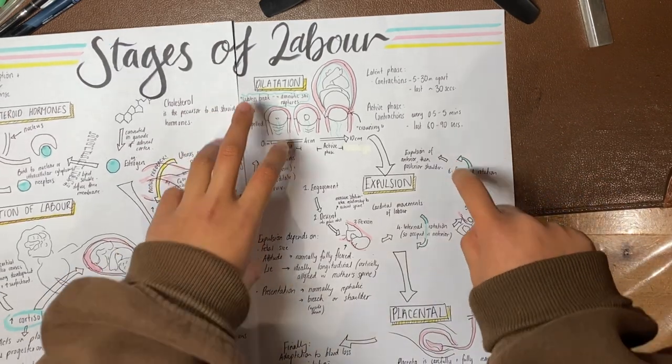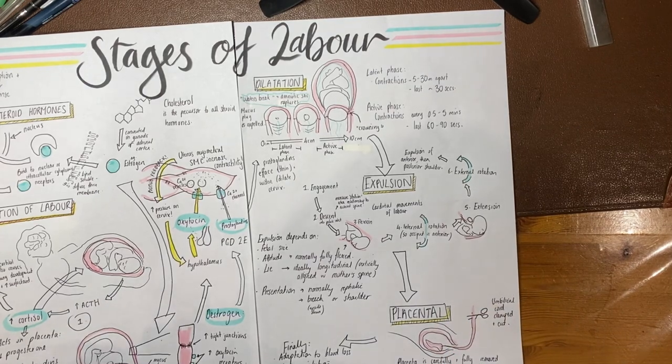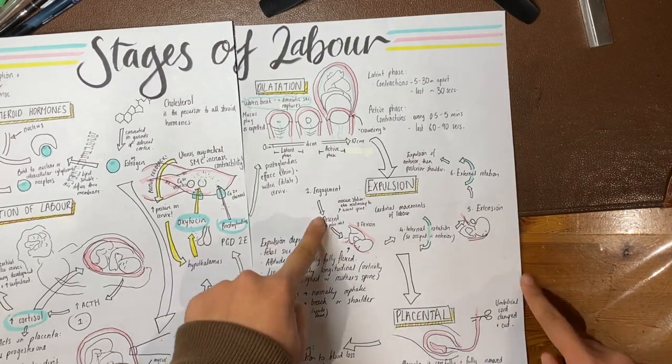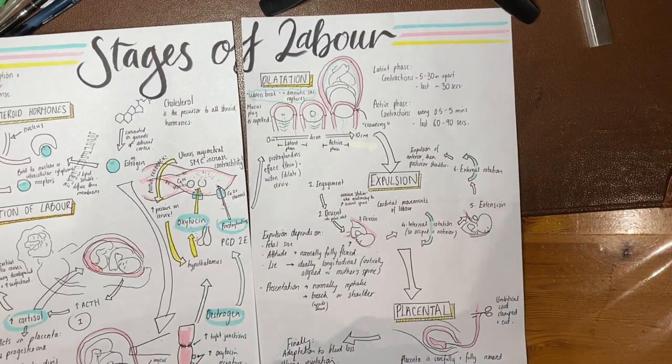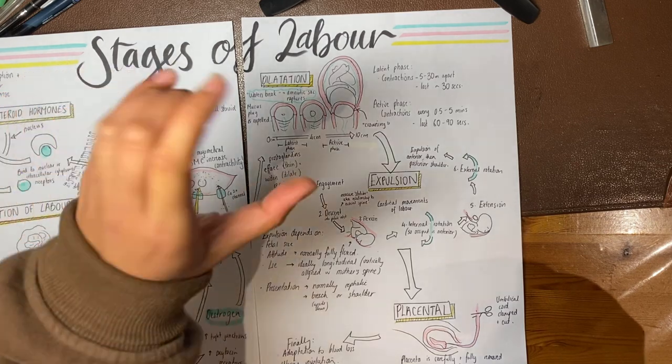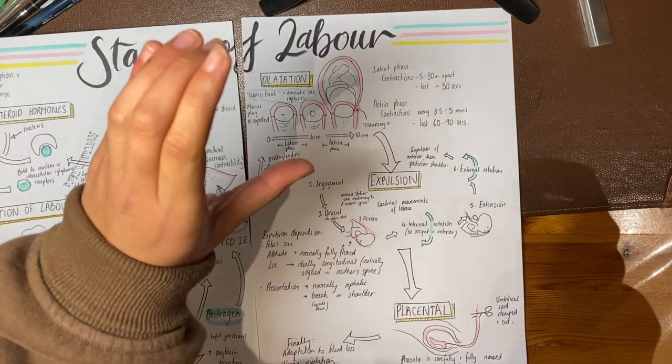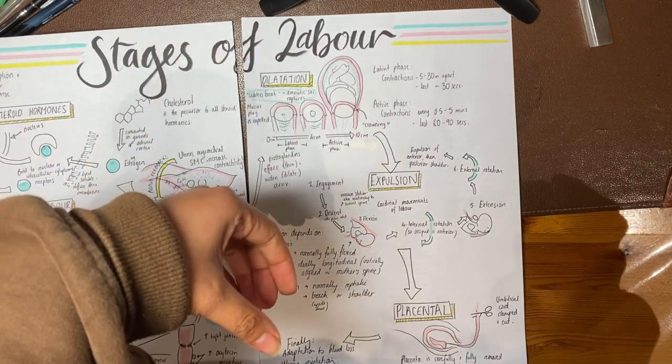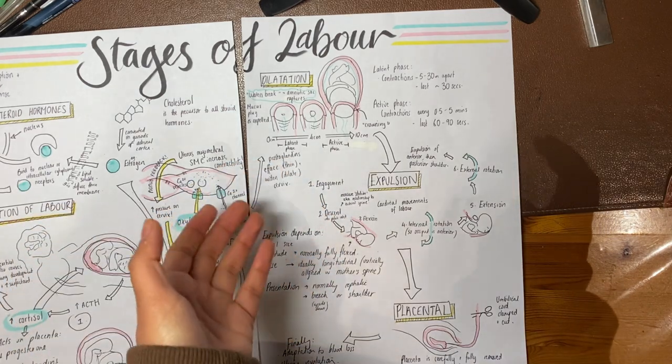And then we have the popping out of one shoulder, the anterior shoulder, and then the posterior shoulder. And there's a little dance you can do with that where you engage, you descend, then you flex your head, then you internally rotate, then you extend your head, then you externally rotate, and then you get rid of one shoulder and then the other shoulder.